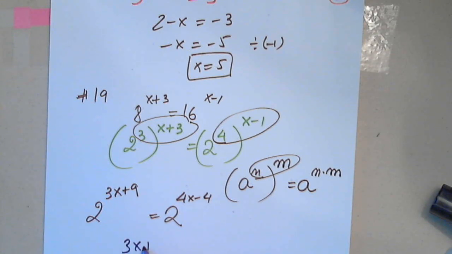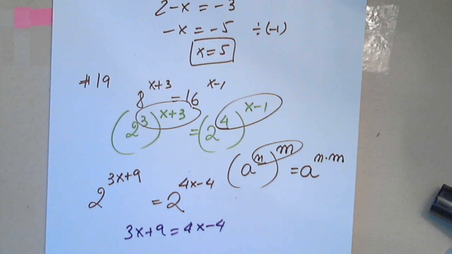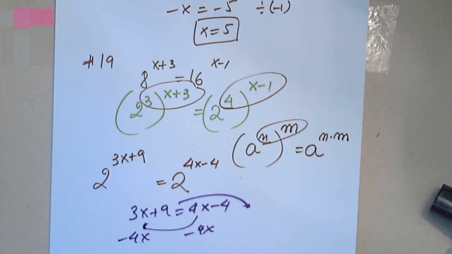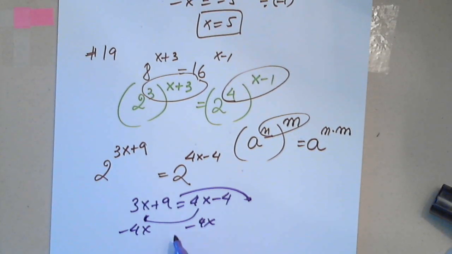So I have 3x plus 9 must equal 4x minus 4. This is a linear equation. I move 4x and I move 9. When I move 4x, you can write it, I just don't like to write this, unless you want it, that's fine. So negative x. And when I move 9 to the other side, I subtract 9 from both sides. So then this is negative 13. Multiply by negative 1, x equals 13.